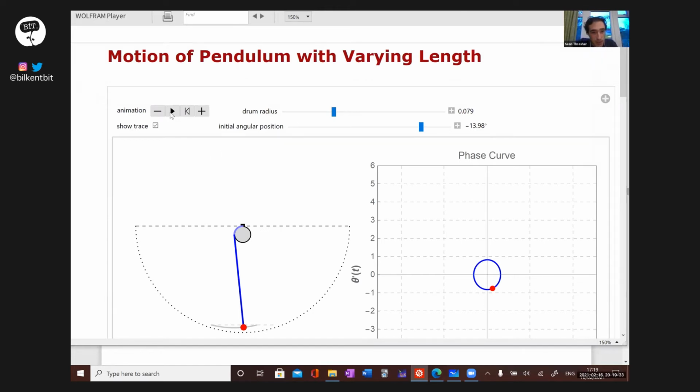So this is a similar phase portrait as before. If my pendulum is a specific length, then I'm going to get an ellipse being traced out. This animation does not want to work with me.